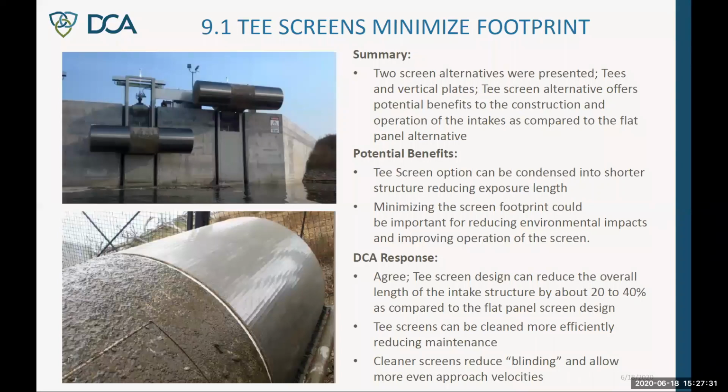They also improve the approach velocity performance. So again, this just agrees with our concept to continue. We are evaluating the T-screens and the vertical plates with the DCO and the various agencies, and we're still moving this particular aspect of the project forward. Next one, please.